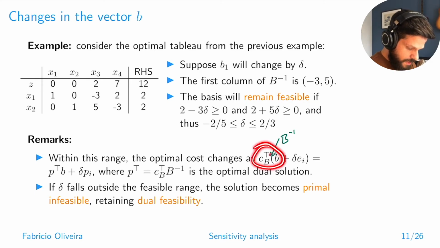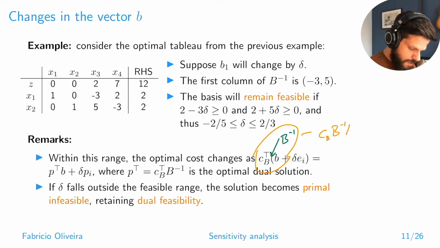Because then this is going to become, let me get a different color here, CB B minus 1 B, which is c transpose x. And we know that CB B minus 1 is our dual variable P, like we saw last time.